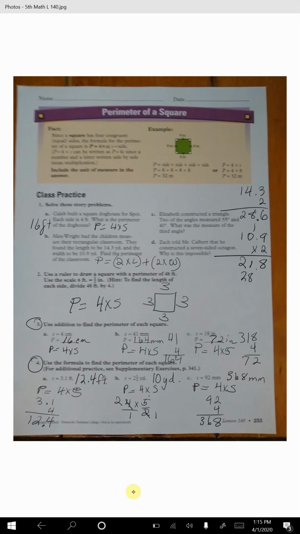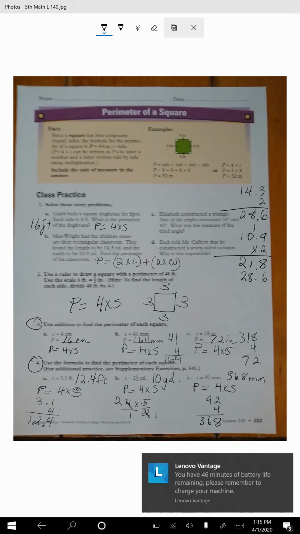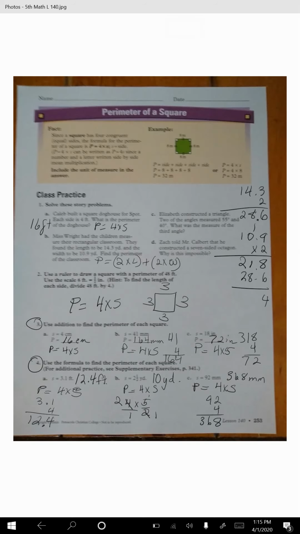I'm just going to put the 28.6 under here. 50.4. That's what the book has. 50.4 yards. Okay. Last one. Let me erase all this stuff right here.